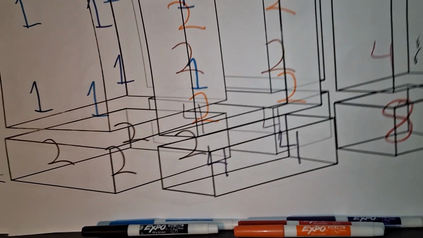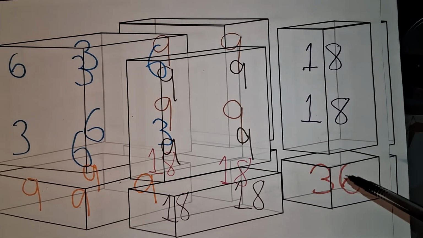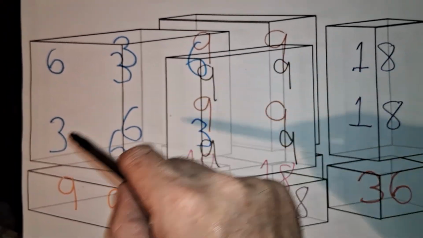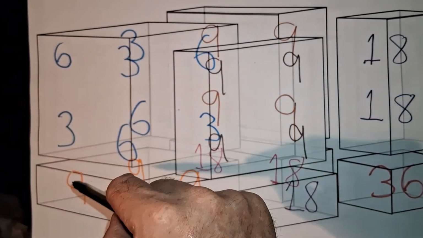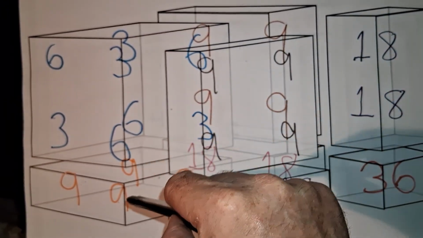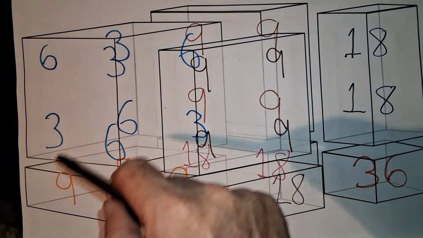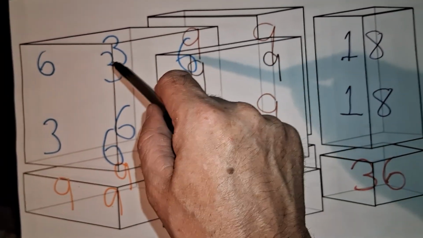I'll go over another one. This has 36 as the output number. You have 6, 3, 3, 6, 6, 3, and they equal 9, 9, 9, 9, going across.